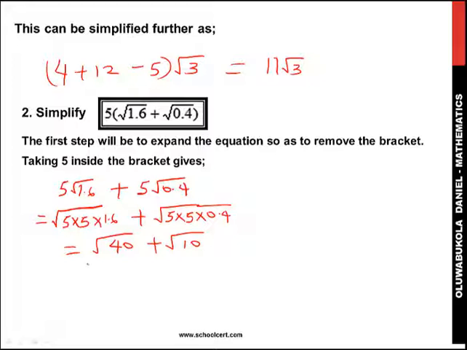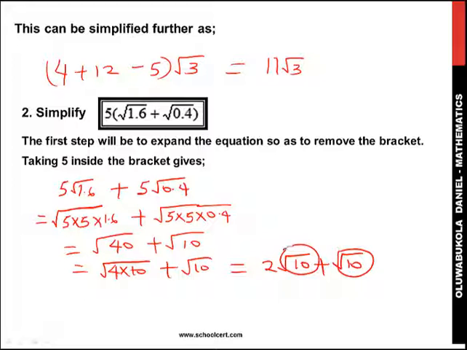And then for 40, we have root of 4 times 10 plus root of 10. The root of 4 is 2, so that means we have 2 root 10 plus root 10. So they have the same basic form. As such, they can be added. This gives 3 root 10.